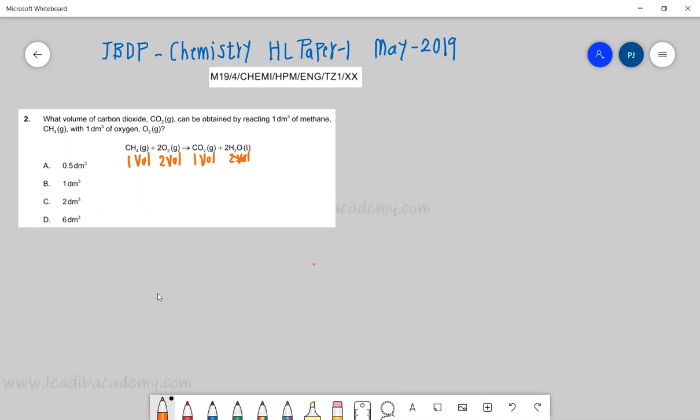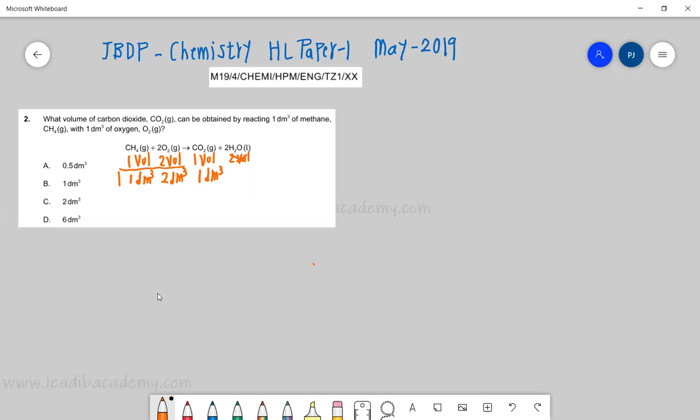So if we are having 1 dm cube of methane, we'll be requiring 2 dm cube of oxygen to get 1 dm cube of CO2. This is what is required as per the stoichiometric equation.